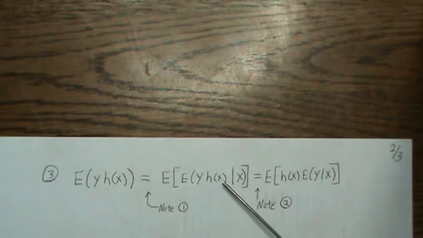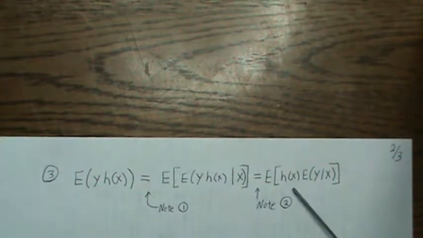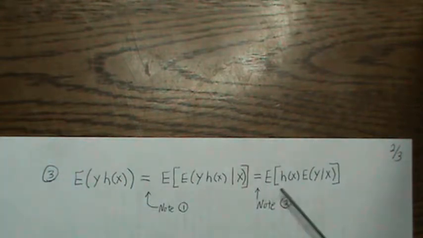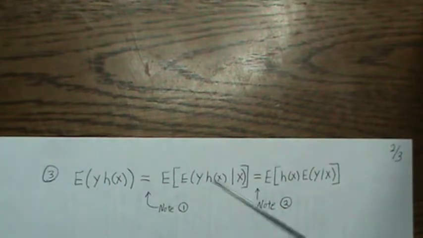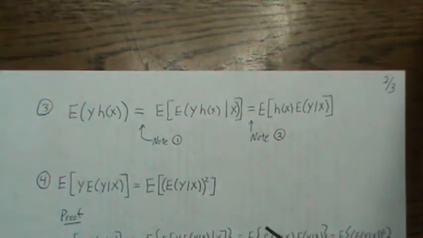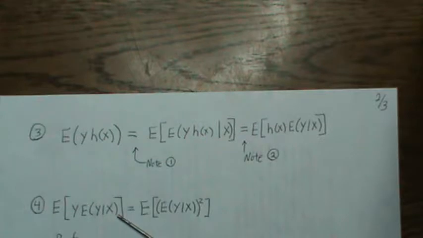But by 2, this becomes a constant and can be moved out front. So by 2, we get the expected value of h of x times the expected value of y given x. And this result will be used in our main result.